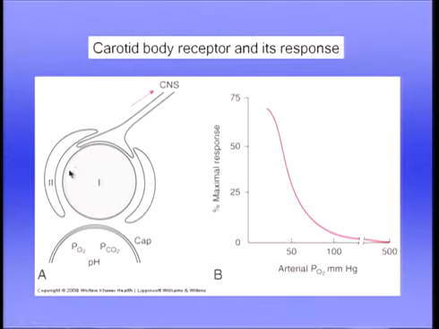So let's look at the carotid body chemoreceptor in more detail. Here's a diagram of the carotid body chemoreceptor. You can see there are two types of cells. These are called glomus cells, and the type 1 glomus cells show a strong fluorescent reaction because of the presence of high concentrations of dopamine in them. And there are also type 2 glomus cells as well.